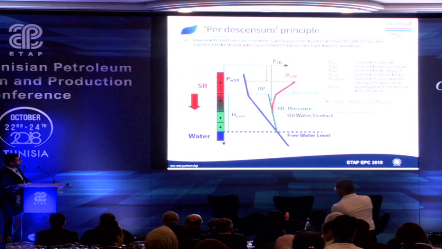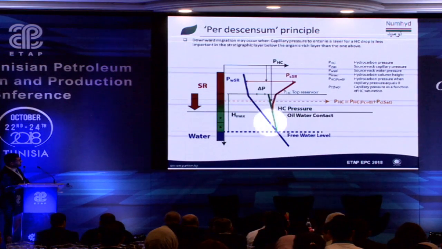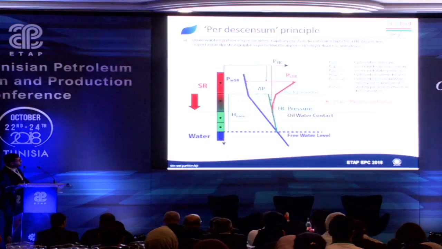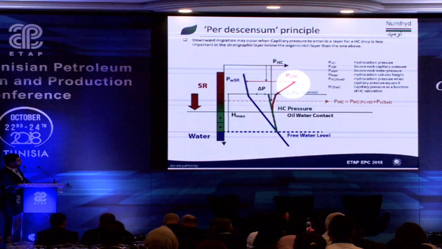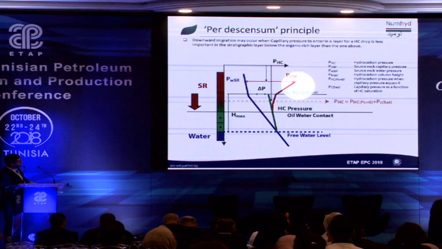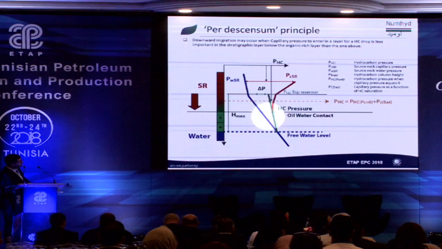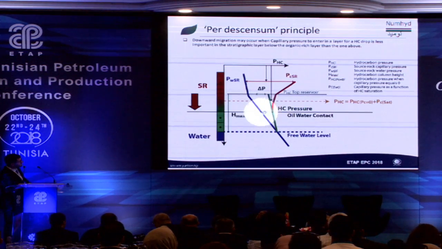When this source rock expels fluids downward toward the reservoir, this red curve will start to shift toward the right. Consider that this point is fixed and doesn't move. So the red line shifts toward the east, and this equilibrium limit migrates down along the line.